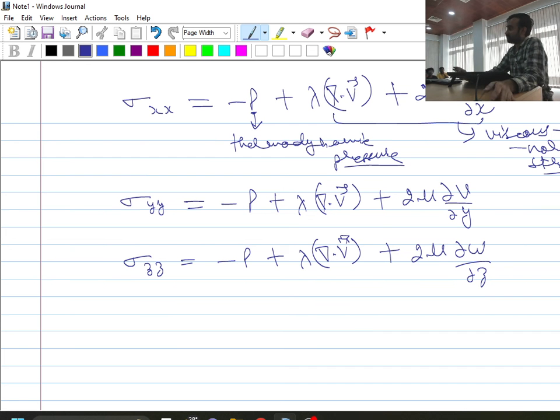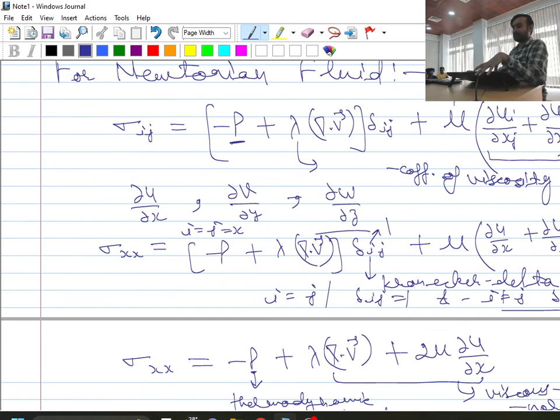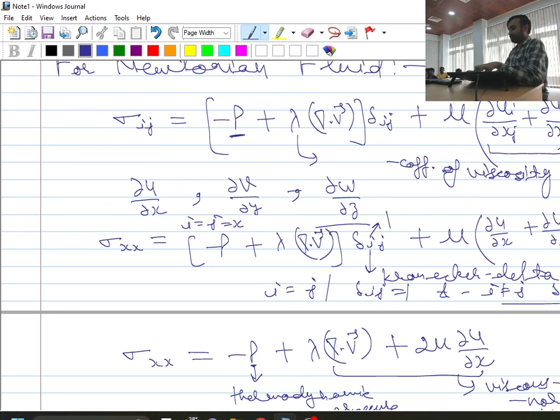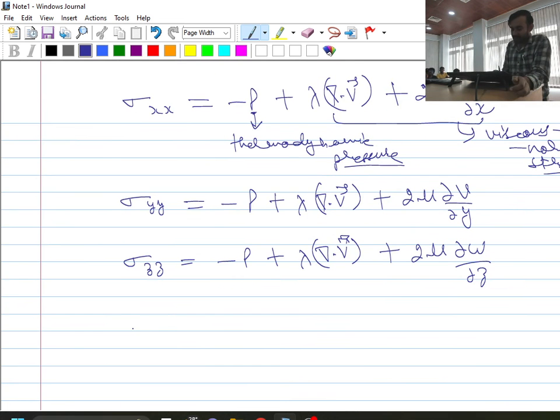This point is clear. Now, whenever I use this stress tensor for, say, i equal to x and j equal to y, it means I will be calculating sigma xy.